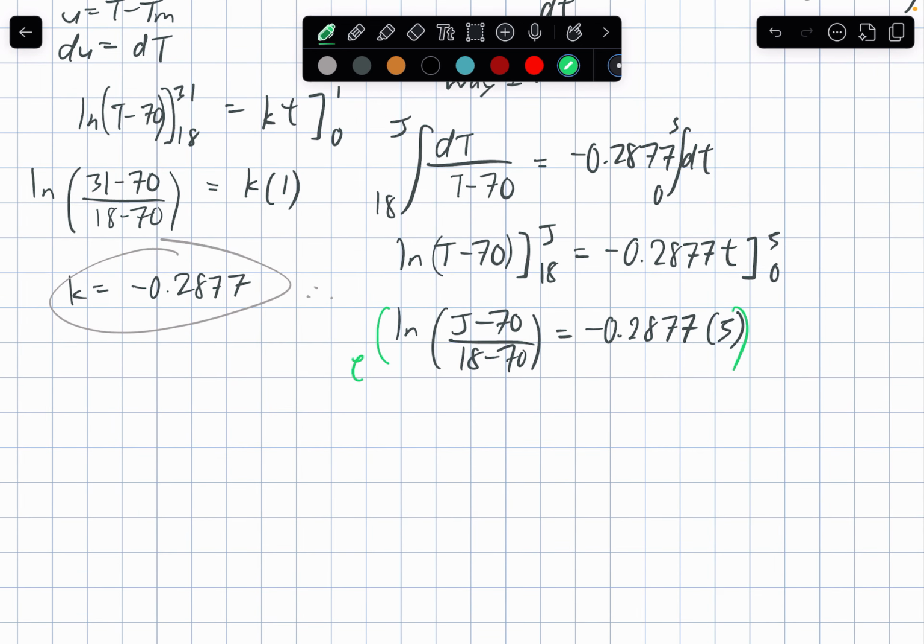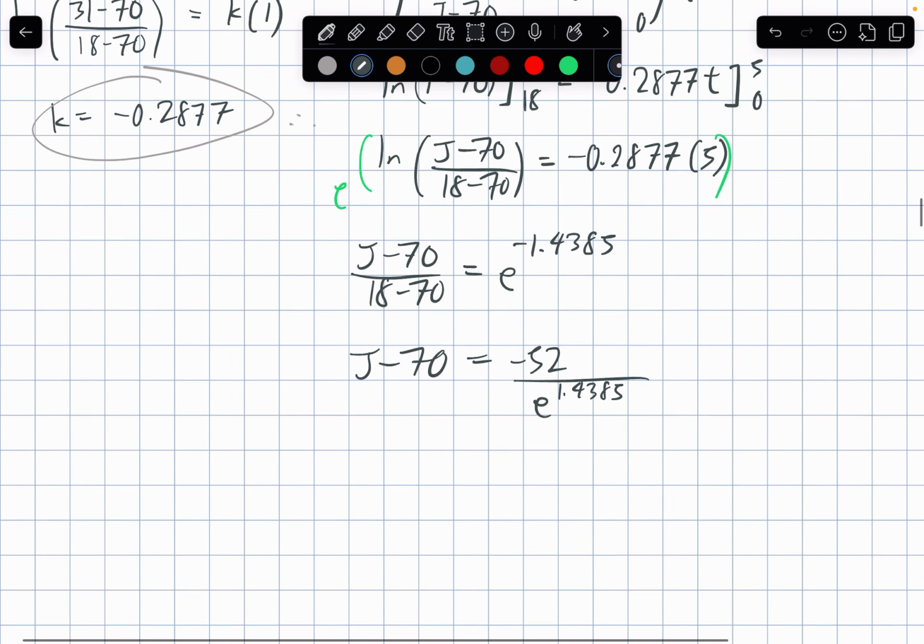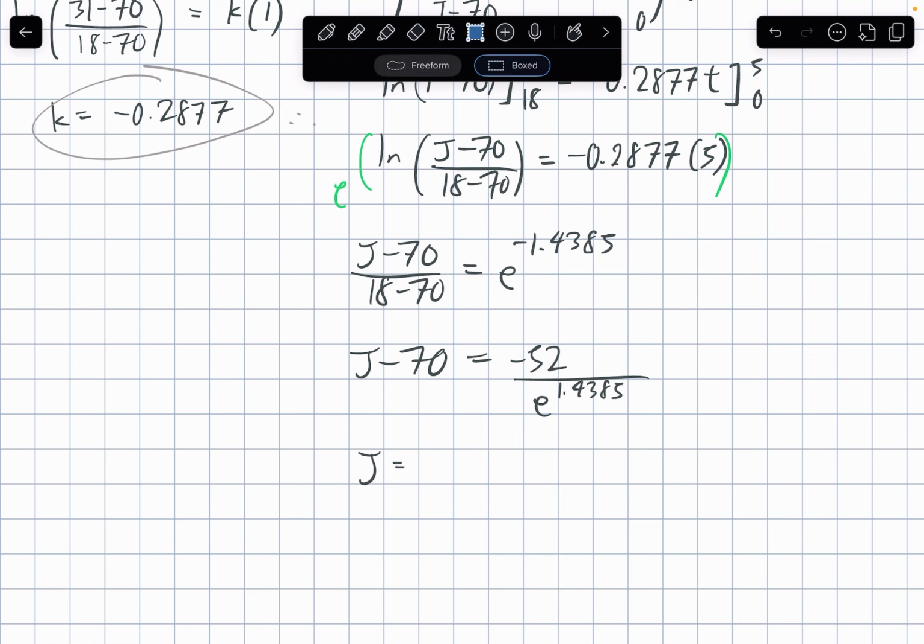Apply e on both sides. Five times 0.2877 is 1.4385. Negative. J minus 70 is equal to 18 minus 70, which is negative 52, over e raised to 1.4385, and then just add this to the other side.